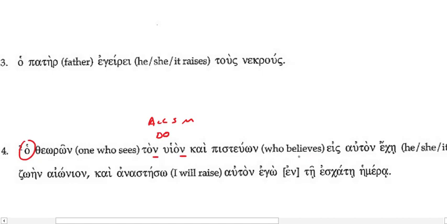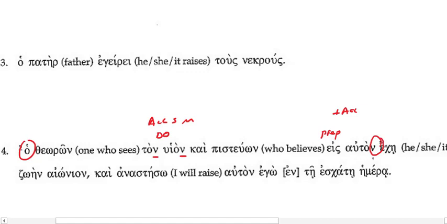So, "and who believes," eis auton, "in him." Now, eis is a preposition, isn't it? What case does it take its object of the preposition in? Yeah, eis plus the accusative. Is this an accusative noun or pronoun?